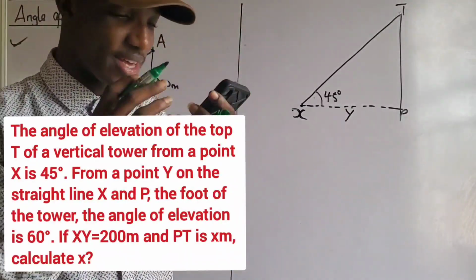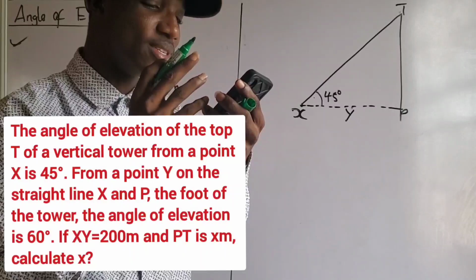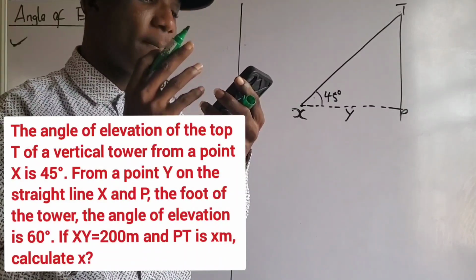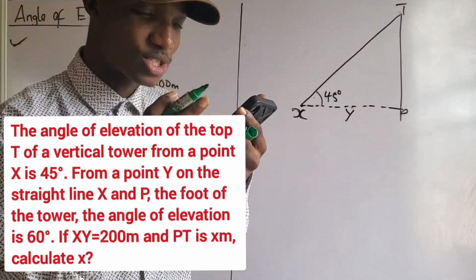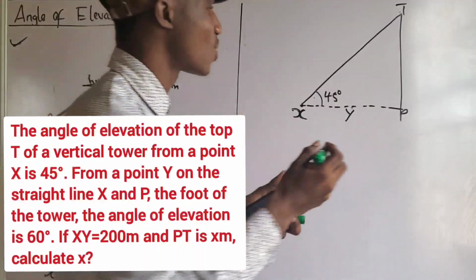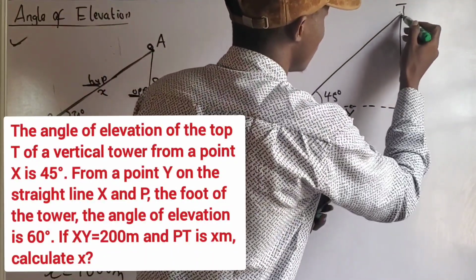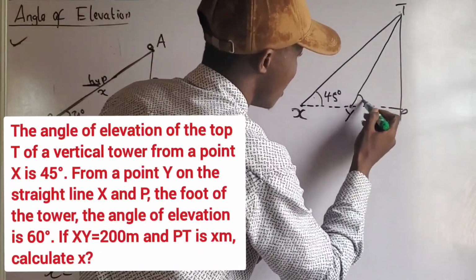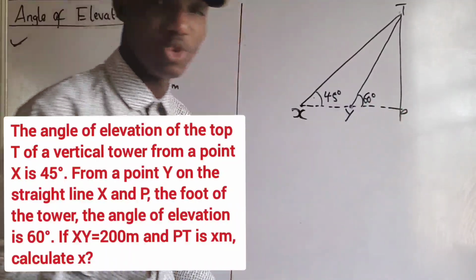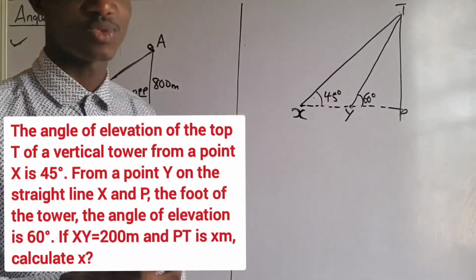On the same straight line XP, P is the foot of the tower. If you look at the question, the angle of elevation from point Y is 60 degrees. If you don't understand, listen to the explanation again.